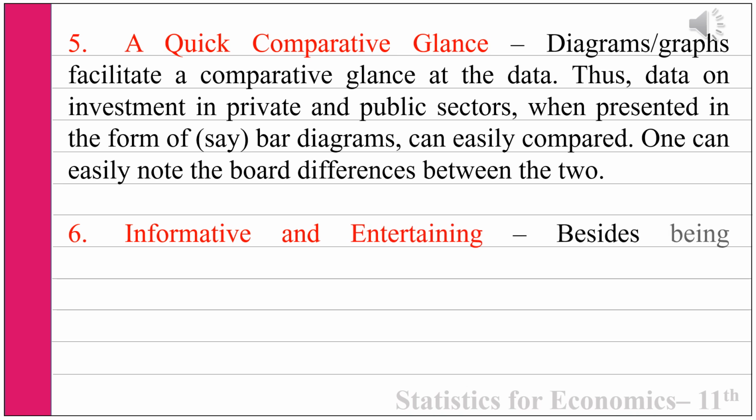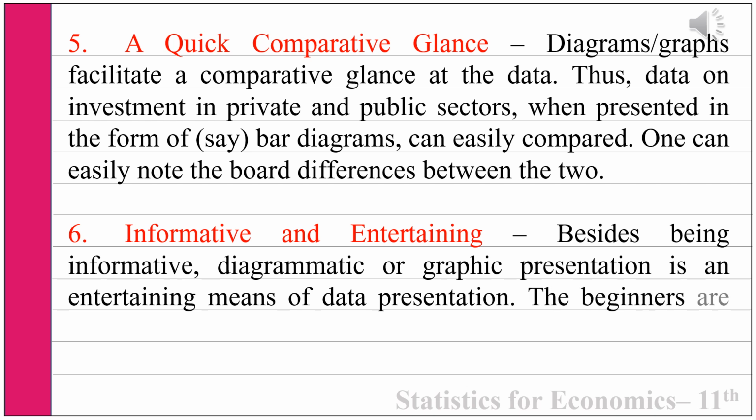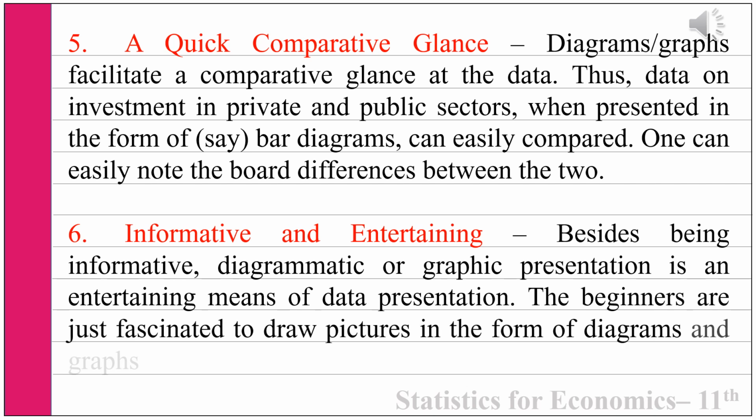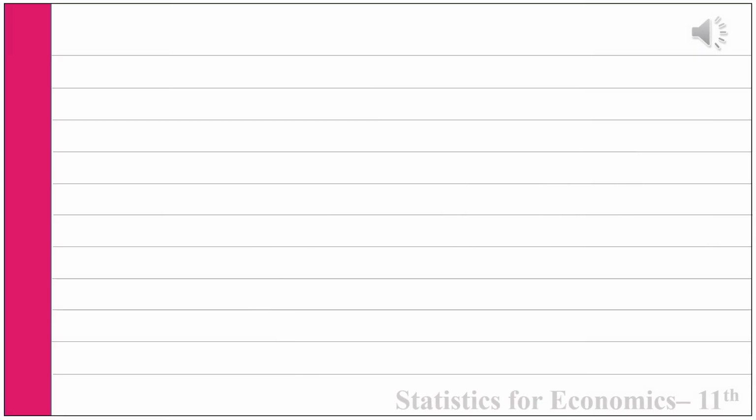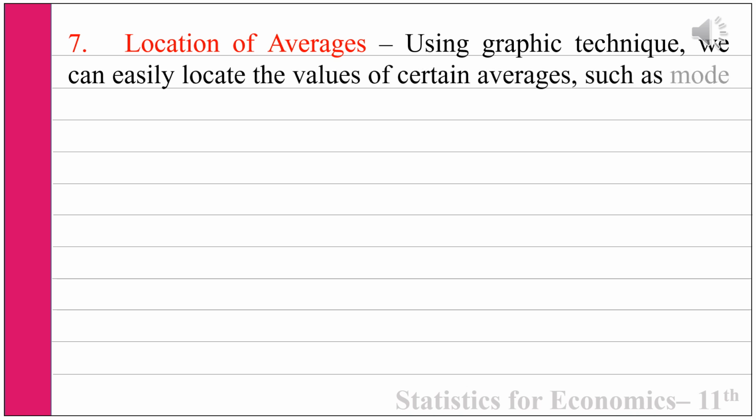6. Informative and entertaining. Besides being informative, diagrammatic or graphic presentation is an entertaining means of data presentation. 7. Location of averages. Using graphic technique, we can easily locate the values of certain averages, such as mode and median. 8.